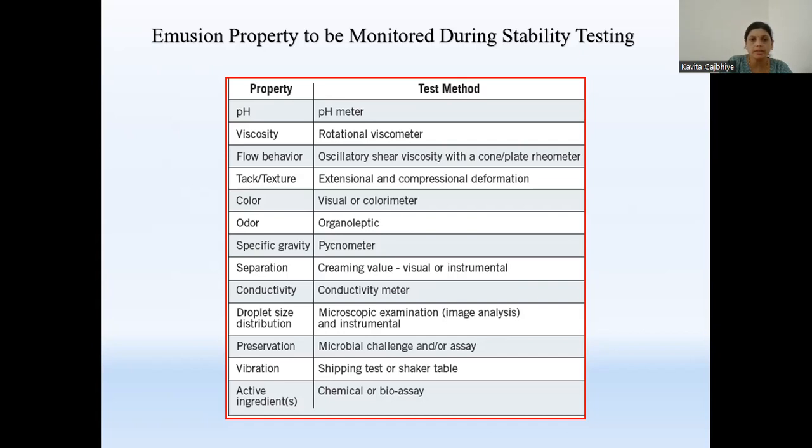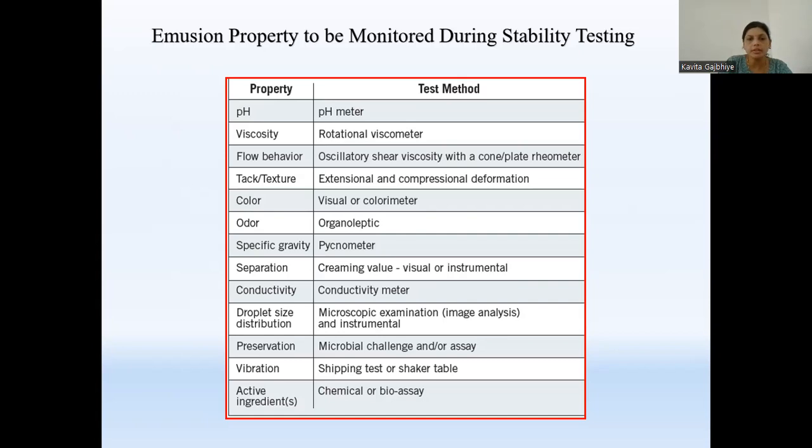Conductivity: a conductivity meter is very good to check the conductivity of our emulsion. Droplet size distribution: microscopic examination is a good technique to know the size of particles or droplets present in the continuous medium, or image analysis or any other instrumental technique can also be utilized.